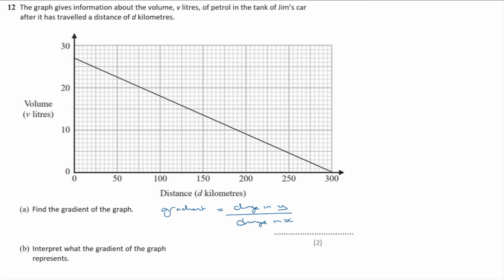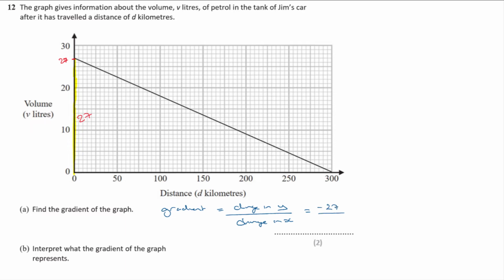Okay, so the change in y is going to be this amount here then, isn't it? It's that distance. So it started off up here at, what's that, 27, and it went down to 0. So the change in y then is going to be 27. Well, it's actually going to be minus 27 because it's gone down rather than up.